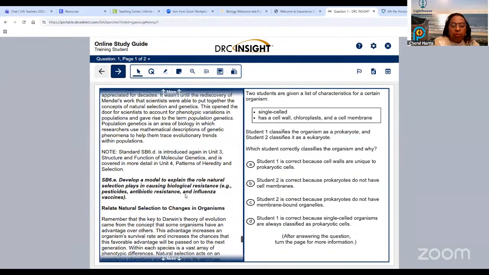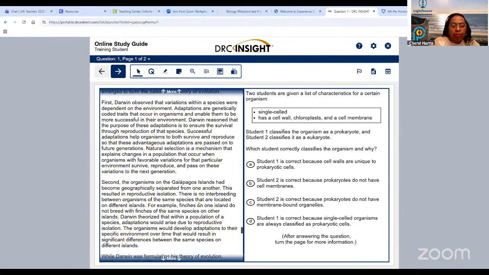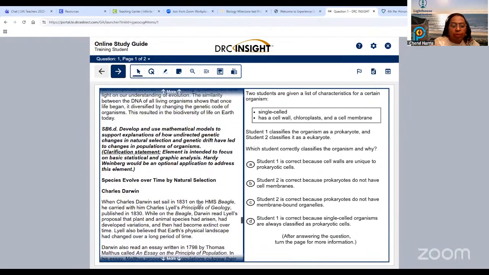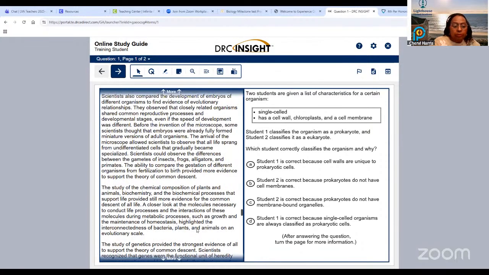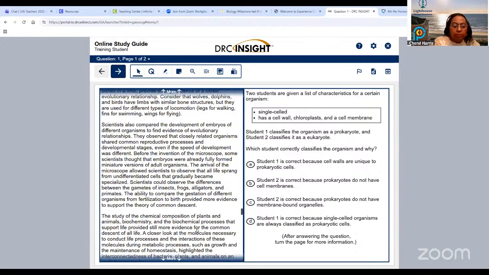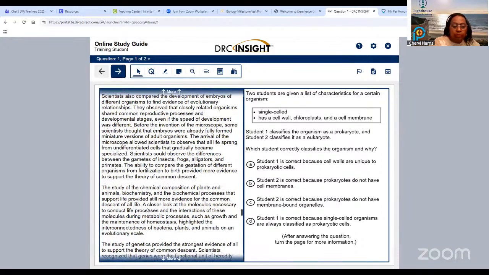So tomorrow, Friday for you all, I will spend some time with this section right here. All right, this refers to your macromolecules. So make sure you know about those.